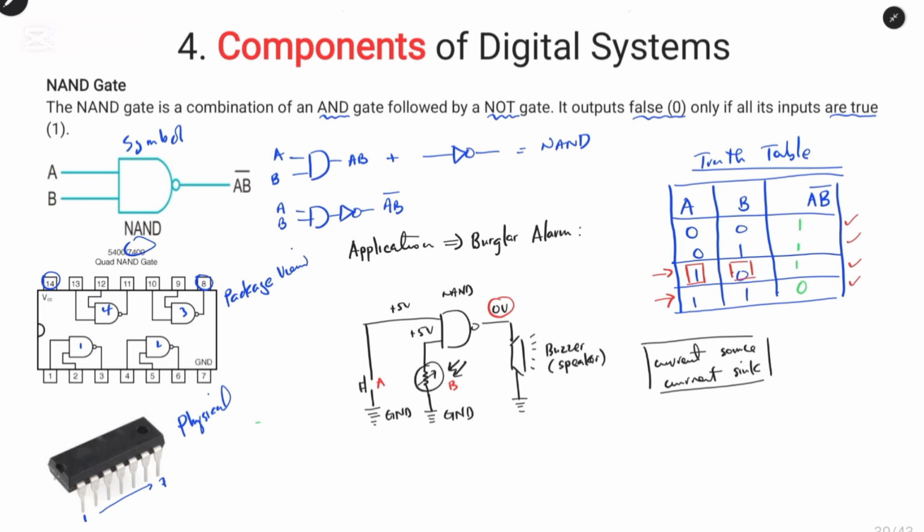To achieve a logic 0, we will have to use switch B. That means if we apply light to switch B, the current from input B flows towards the ground. When that happens, we have 0 volts at input B. Therefore, the output will be 5 volts and the buzzer will be on.